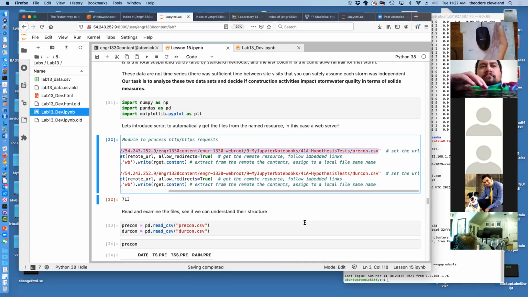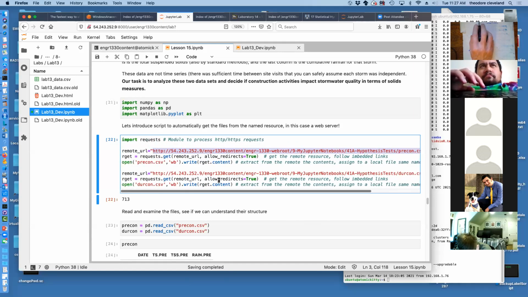Now, arguably, how is that any easier than going to the website and right-clicking, downloading? For a one-off, it's not easier. But if I want to do this over and over again, as long as the webmaster of the remote website doesn't move things around, I'll be able to get to that file for quite a time into the future, and I don't even have to remember file names anymore.